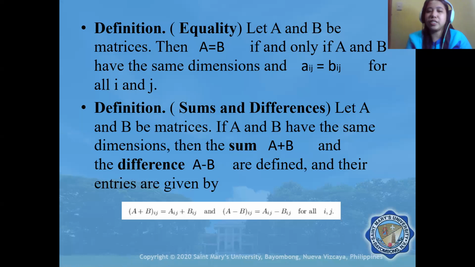As defined here, if we let A and B be matrices with the same dimensions, then the sum A plus B and the difference A minus B are defined, and their entries are given by (A plus B) sub ij equal to A sub ij plus B sub ij, and for the difference, (A minus B) sub ij is equal to A sub ij minus B sub ij for all i and j.